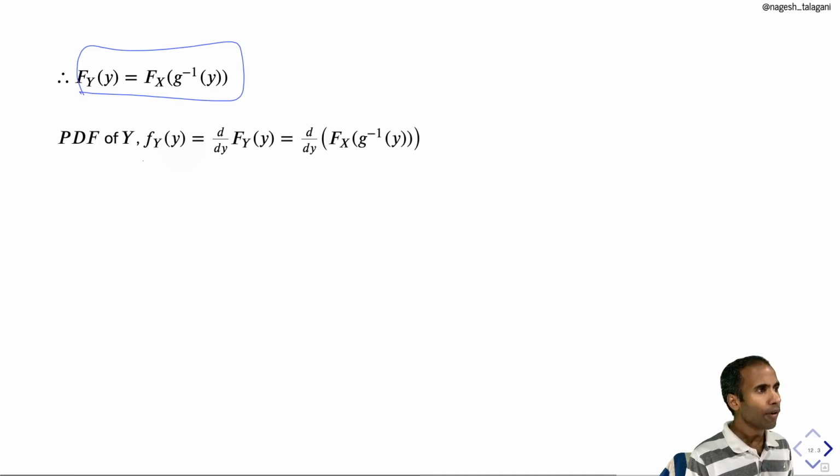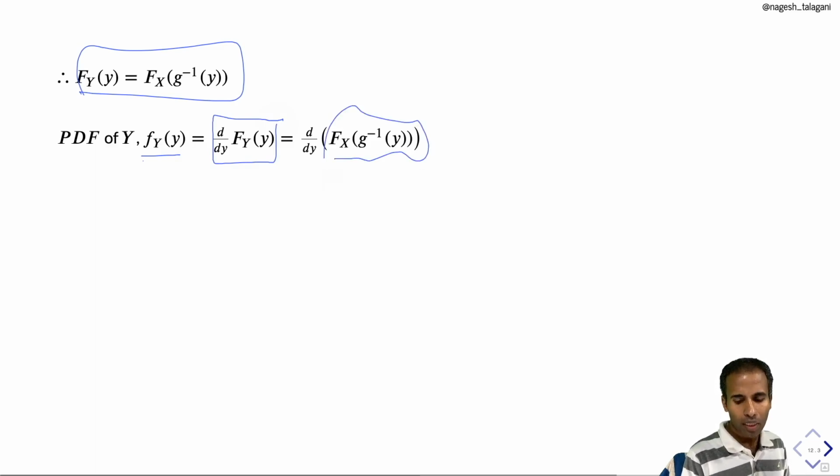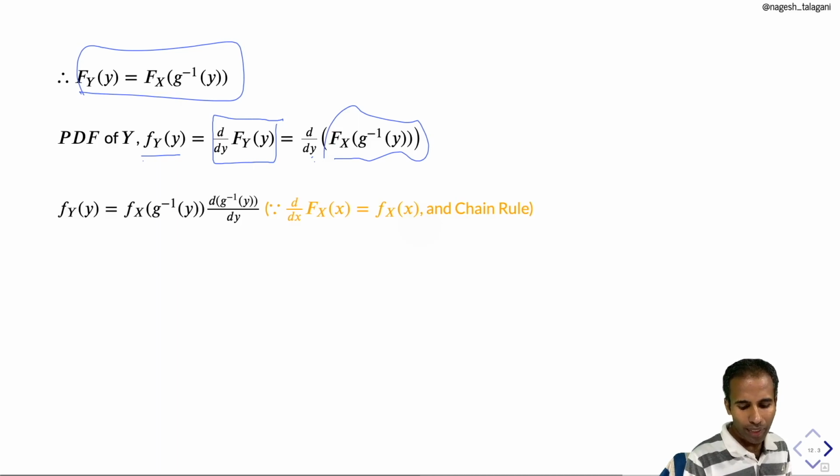Now the PDF of Y, small f_Y of y, is the derivative of the CDF of Y. So that is the derivative of the right-hand side, d by dy of F_X of g inverse y. Let us differentiate using the chain rule. The derivative of capital F_X is small f_X, since the derivative of the CDF is the PDF.